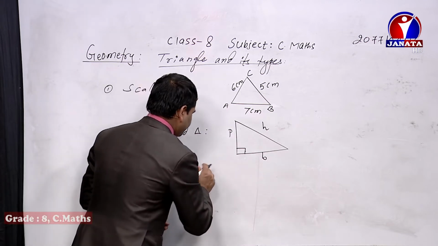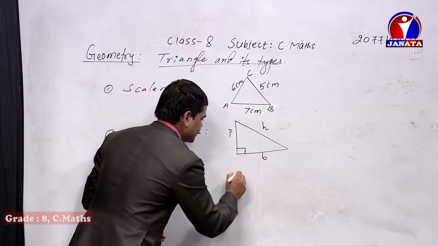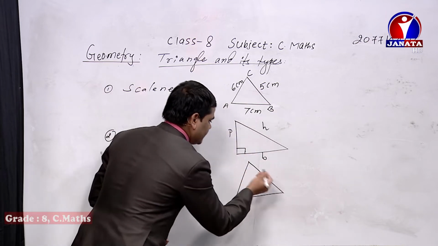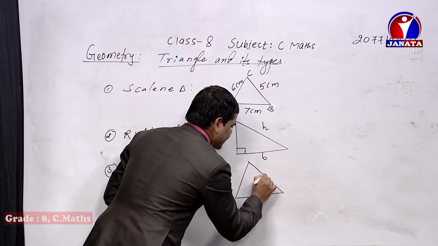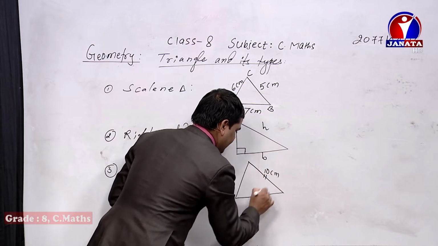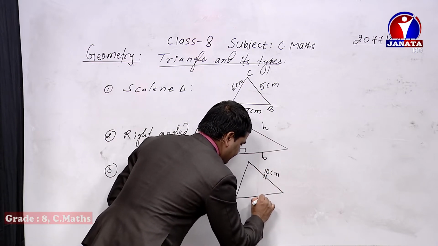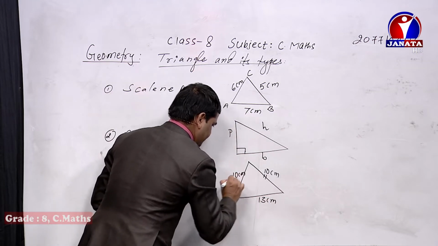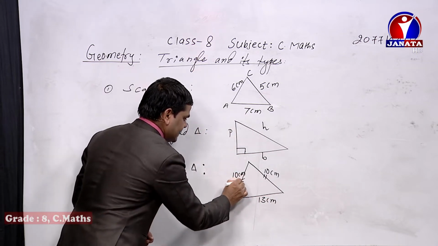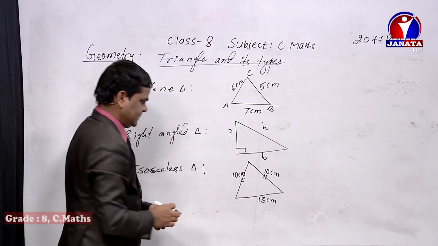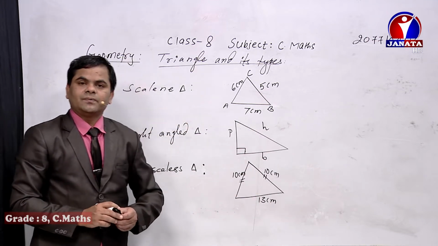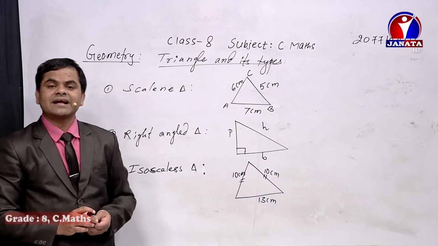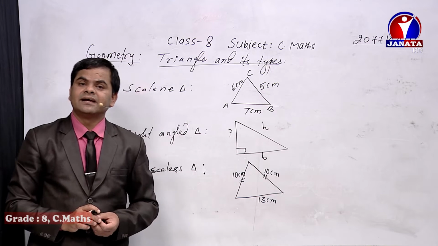If we make the figure of an isosceles triangle, dear friends, for example, the length of this one is given as 10 centimeter, this one has 13 centimeter, and this one has 10 centimeter. That means the length of this side and this side are equal. So this type of triangle is known as an isosceles triangle, or a triangle having two sides equal.